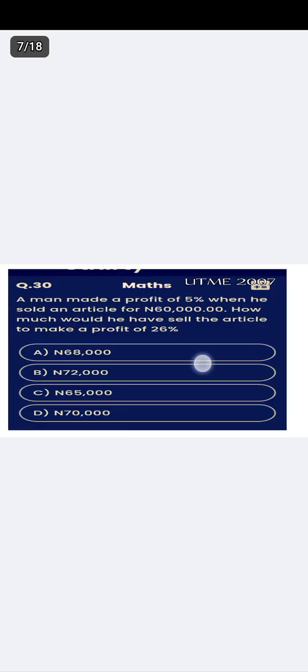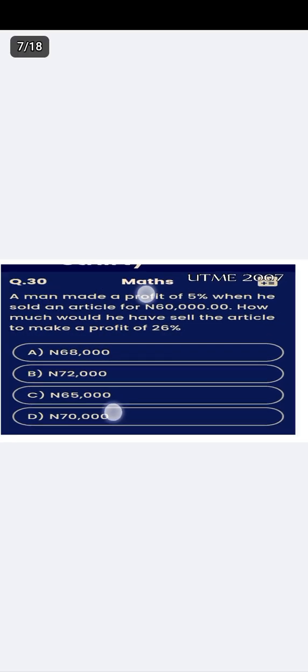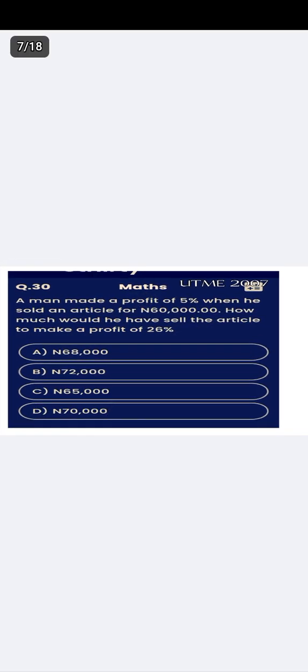This question is almost the same type of question we've just finished. What we need to do is to first of all find the cost price of the article and now mark it up to a 26% profit. So we are using the two formulas. The first formula finds the cost price, to find what it cost this man to buy that article that he sold for 60,000 naira.